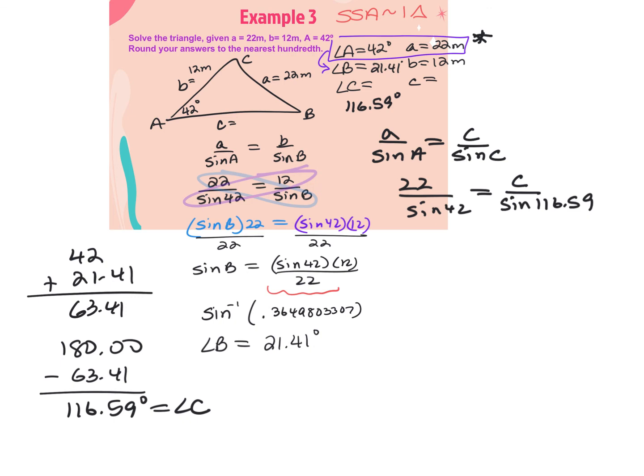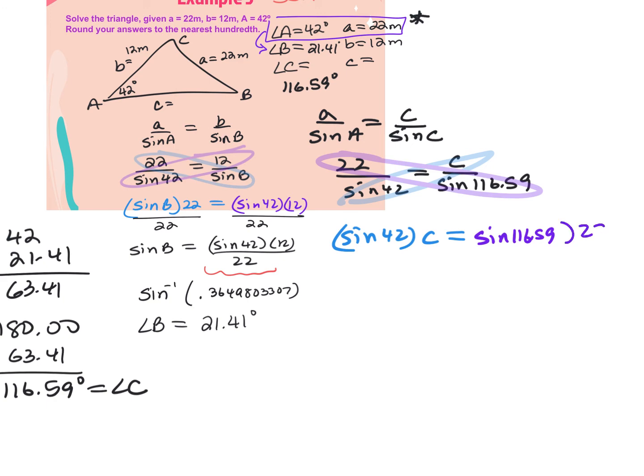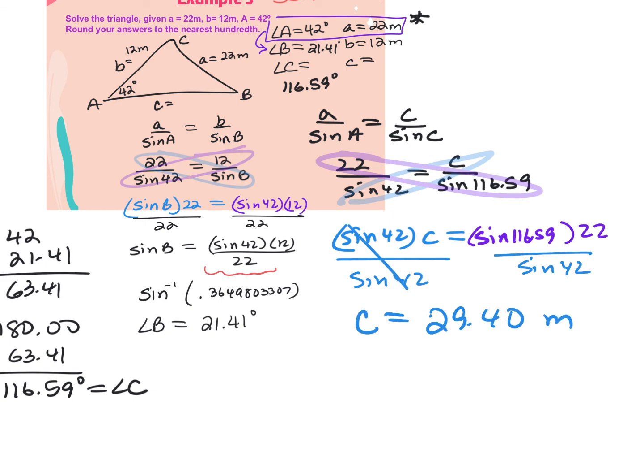I'm going to cross multiply. And I'm looking for a side, so I'm not doing any kind of inverse here. So I'm just doing the sine of 42 times C is equal to the sine of 116.59 times 22. Divide by the sine of 42. That cancels. And once I do this on my calculator, I get 29.40, and these were meters.